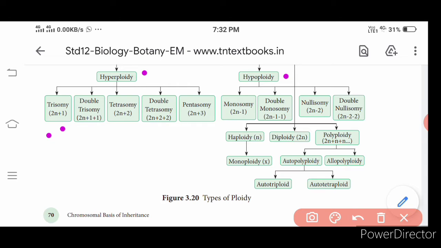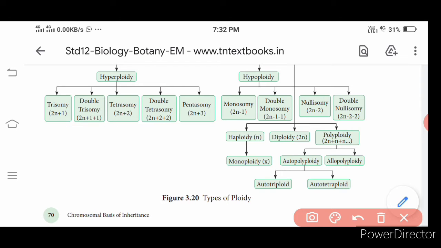Double trisomy, 2n plus 1 plus 1, two more chromosomes. Tetrasomy, you have 2n plus 2 chromosomes. Then double tetrasomy, 2n plus 2 plus 2. Pentasomy, 2n plus 3. So based on the number of chromosomes increased, they are differentially named.